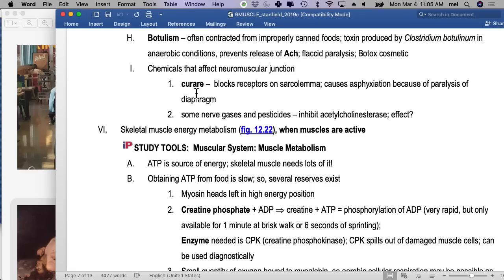Okay, so curare is a poison that's derived from a South American plant, historically used on blow darts and arrows and pointy things, so that you could eat a critter without having to chase it. You want to eat the monkey, you don't want to crawl up and get the monkey, you boom, and the monkey falls out of the tree. What it does is it blocks the receptors on the sarcolemma, right?